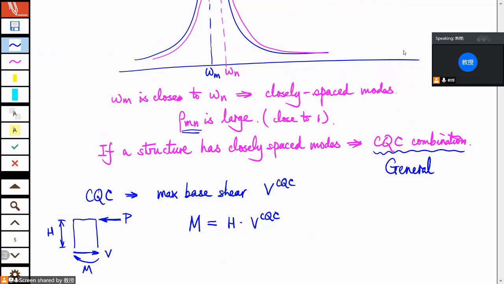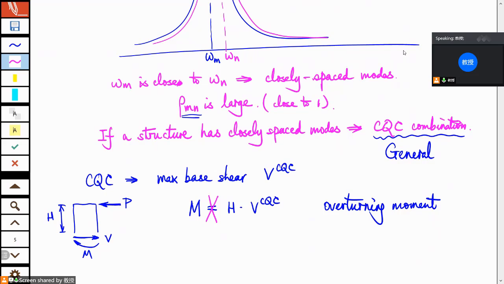That is the overturning moment. Okay, so this is not very accurate, but I just want to show you the idea. This is wrong.